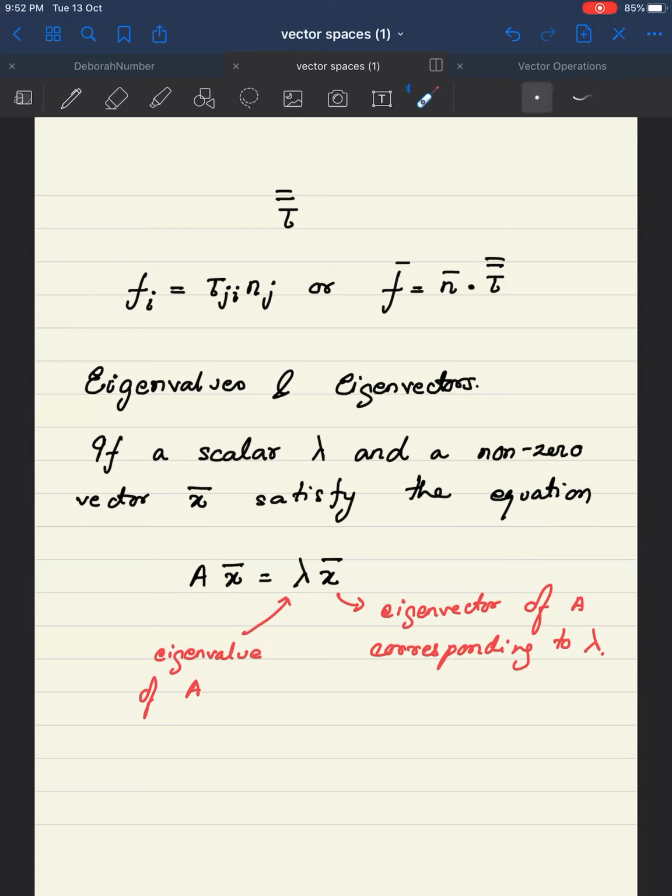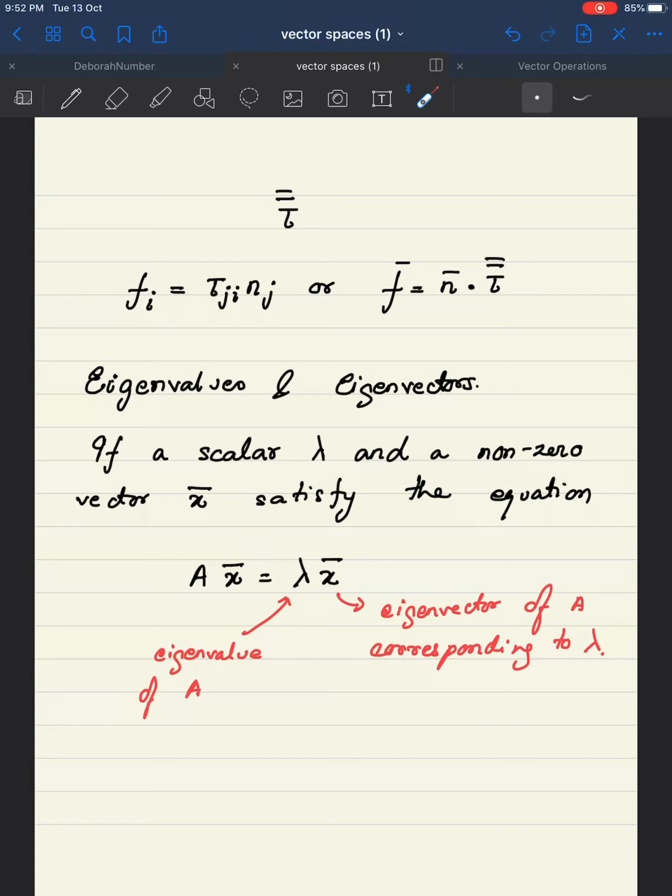If you club all the eigenvalues of A, so A can have multiple eigenvalues, and if you club all of them, that is called a spectrum. And this matrix A is called singular if and only if 0 is one of the eigenvalues. The reason these are important is because we often deal with eigenvalues and eigenvectors in mechanics.